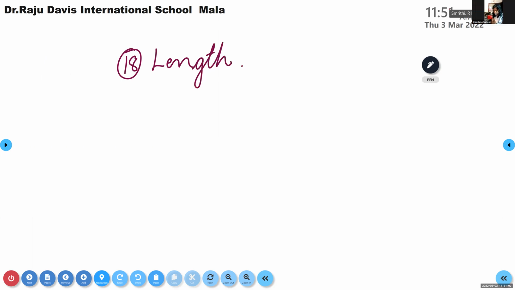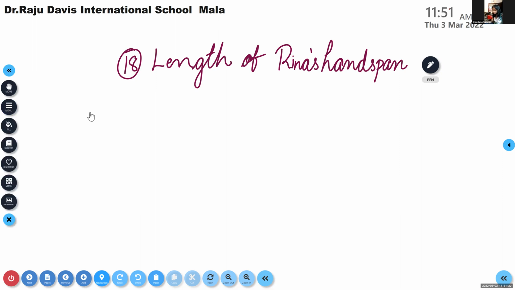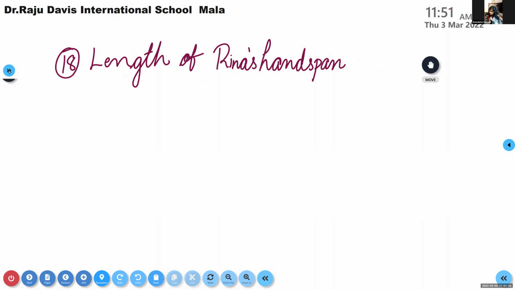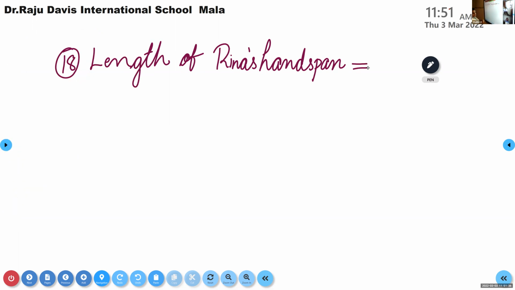Please write. Length of Rena's hand span is equal to 6 centimeter. Yes, please write it. That is the first step.